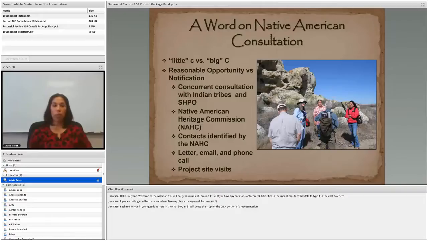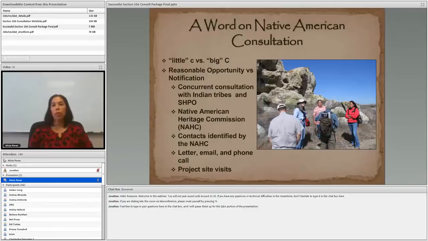So no one else can take the responsibility for that. We'll also like to talk about reasonable opportunity versus notification. You want to provide Native Americans with the reasonable opportunity to be involved throughout your Section 106 process.